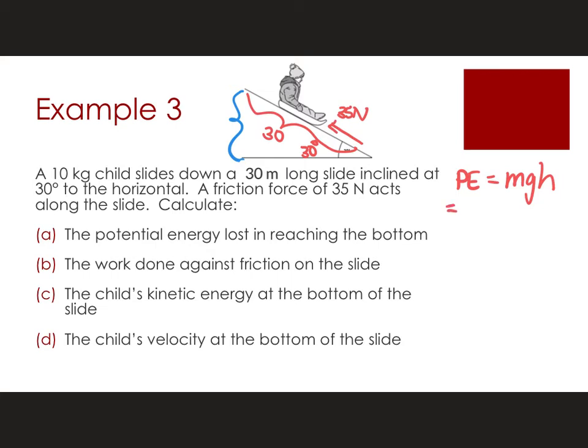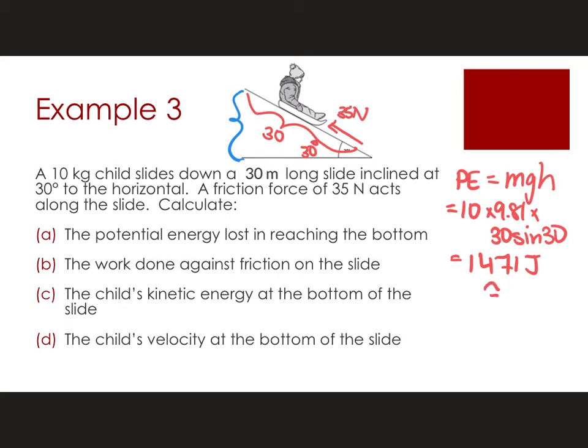Putting my values in, I will have 10 times 9.81 times 30 sine 30. I'll pick up my calculator, making sure my calculator is in degrees, and I get an answer of 1,471 joules. I have some extra significant figures right there.